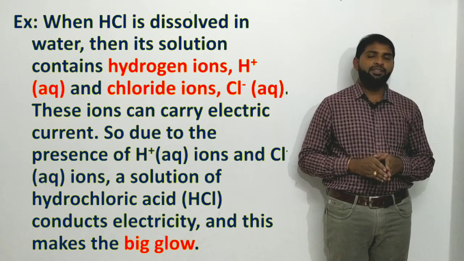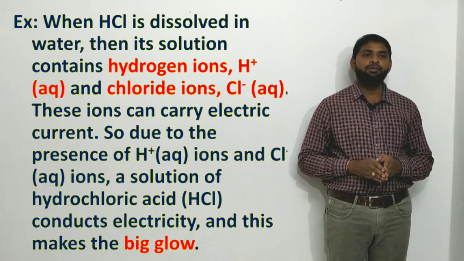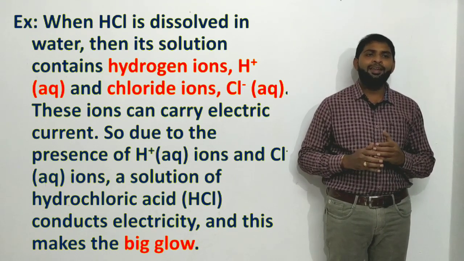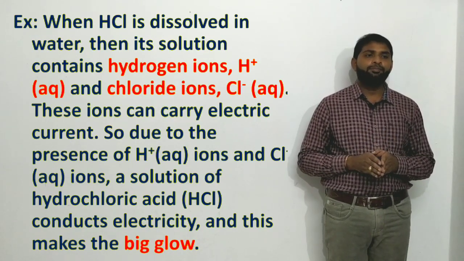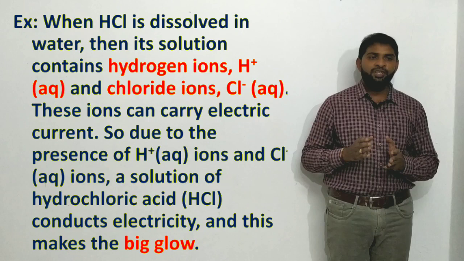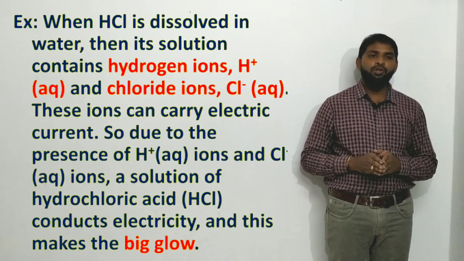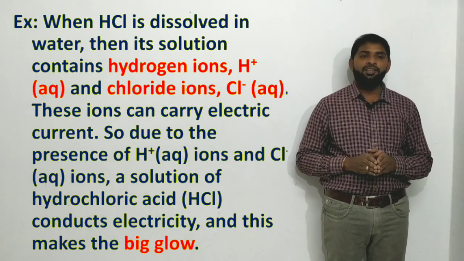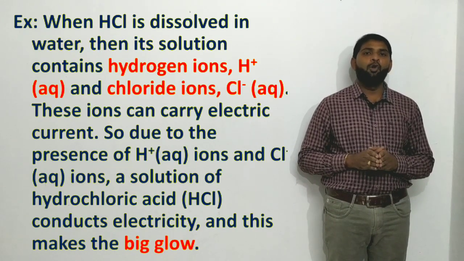When HCl is dissolved in water, its solution contains hydrogen ions, H+ ions, and Cl- ions, which are chloride ions. These ions carry electric current. So due to the presence of H+ and Cl- ions, a solution of hydrochloric acid conducts electricity, and this makes the bulb glow.